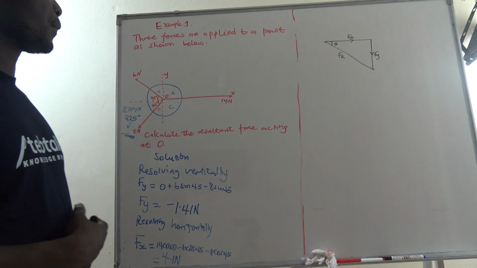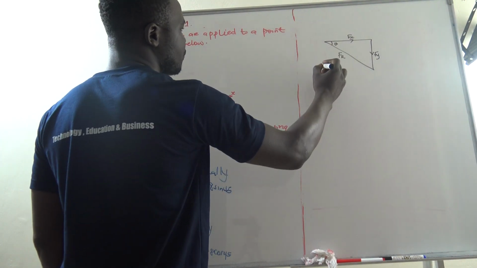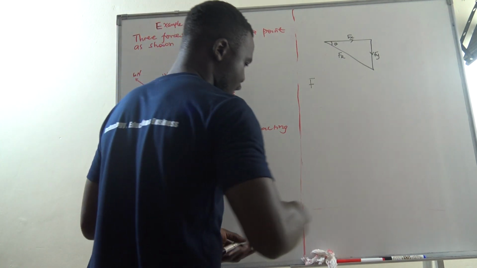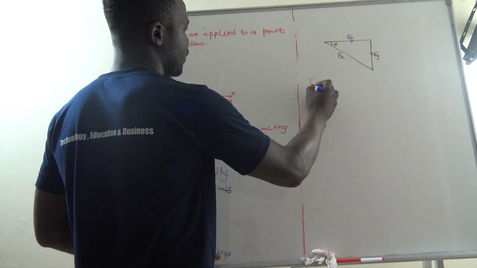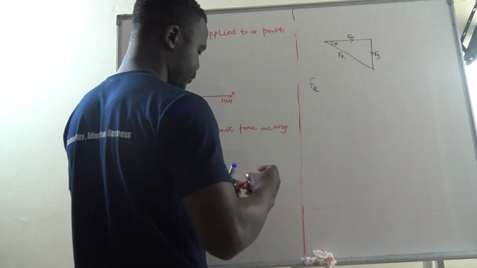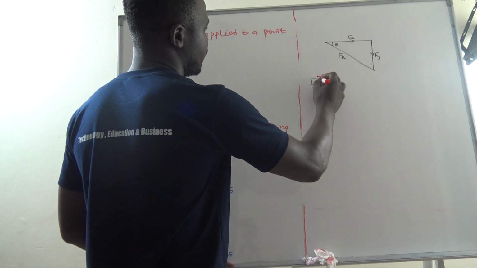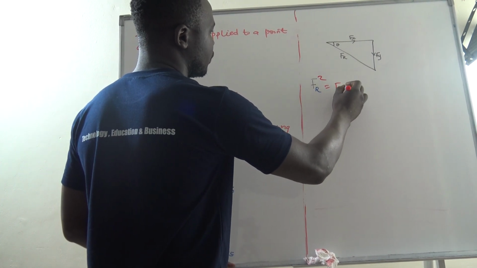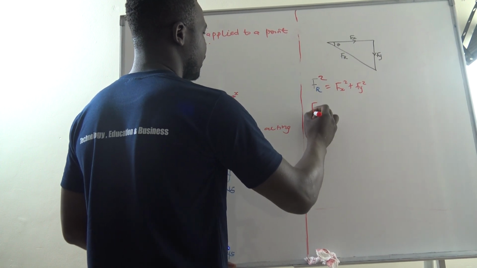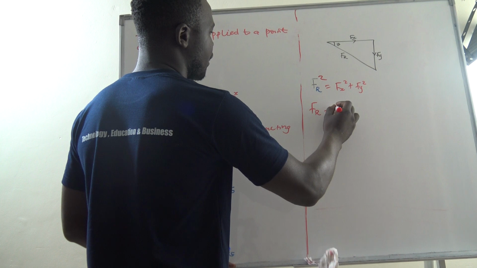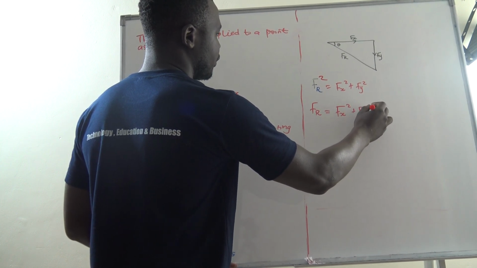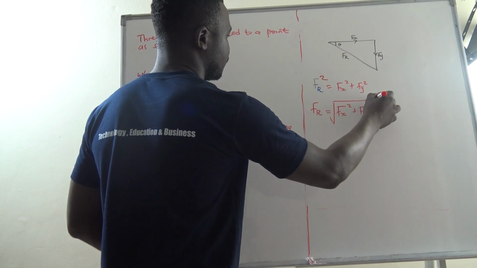So from Pythagoras theorem, FR squared is equal to Fx squared plus Fy squared. Therefore, FR is equal to the root of Fx squared plus Fy squared.